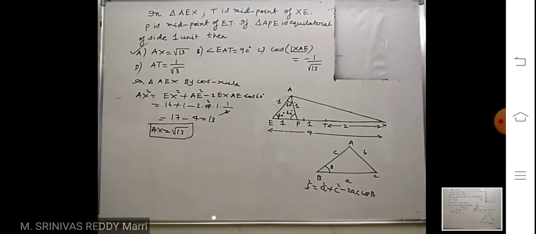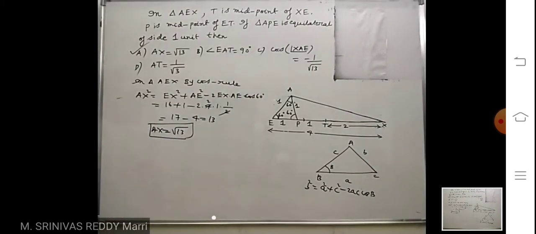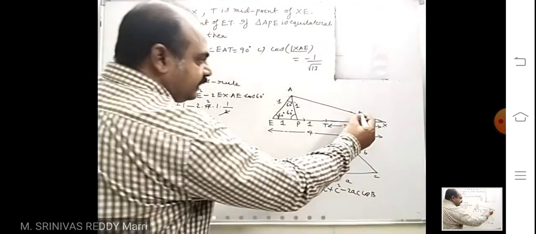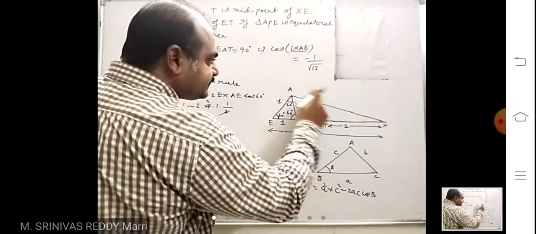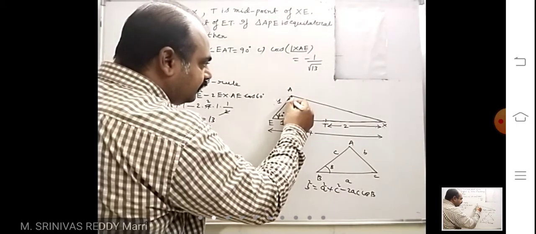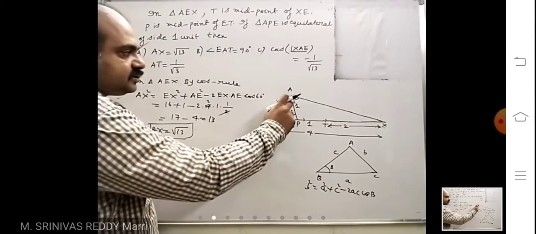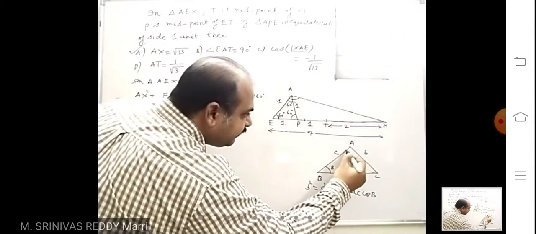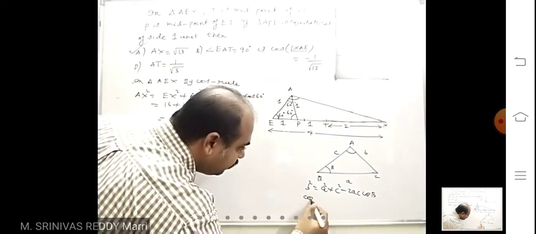So look at the next one. If you look at option C directly, you will get cos of angle XAE. XAE is nothing but this angle. So whenever you want cos of an angle, what is the cosine rule? Suppose you want cos A, what do you write?